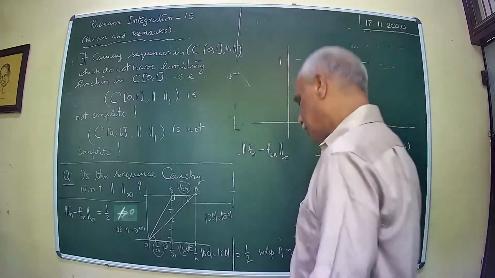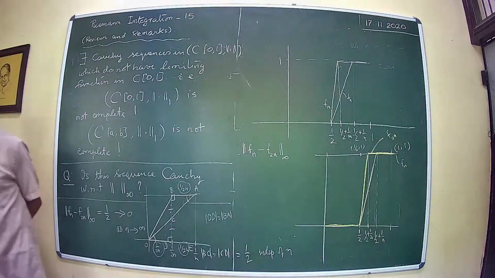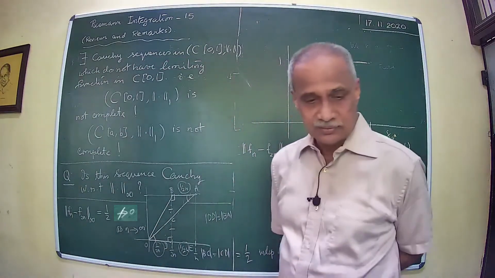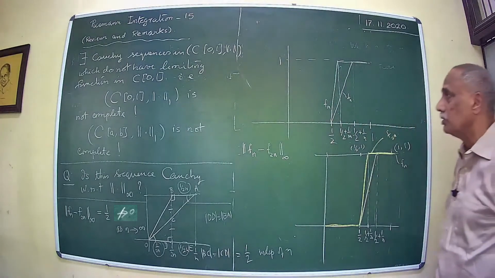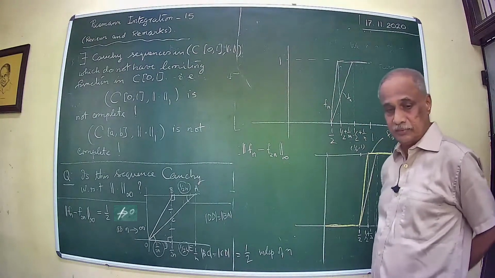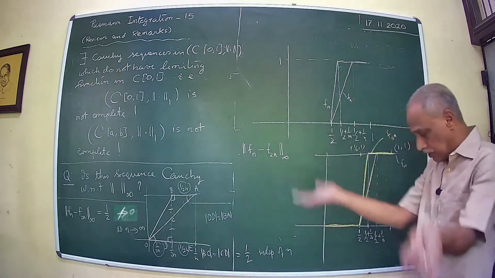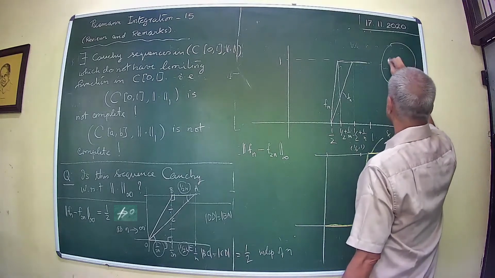Now what I want to take up as the next step is the following. We have seen C[a,b] is not complete with respect to norm 1. The problem is that the limits spill over and go outside. So this is your C[a,b].